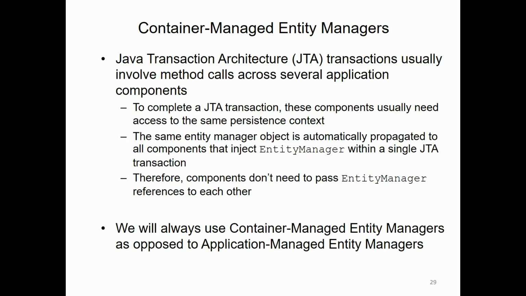Now, the Java Transaction Architecture, JTA, will allow us to make use of transactions to ensure that the database and the data model are always properly synchronized, that the data integrity is maintained, that we don't lose data or we don't get into inconsistent states.